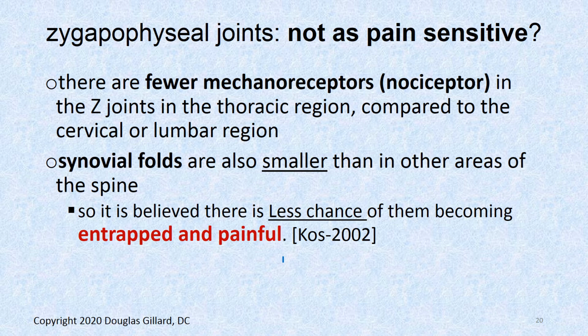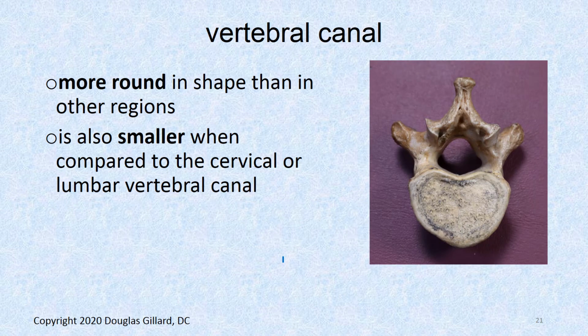But the folds in the lumbar spine overgrow, and they can actually be pinched. They can kind of get sucked into the facet joint and be pinched. In the thoracic spine, the research shows that the synovial folds are much shorter, and they don't tend to be entrapped like that and cause a facet joint syndrome or a facet to lock up like that. So it's another reason that they're not as pain sensitive.